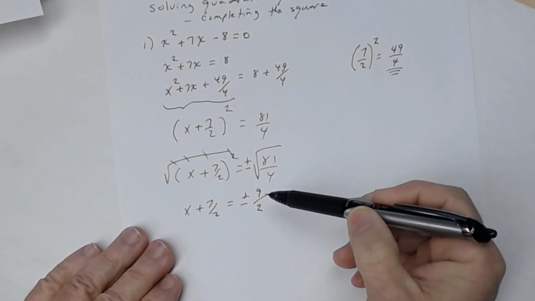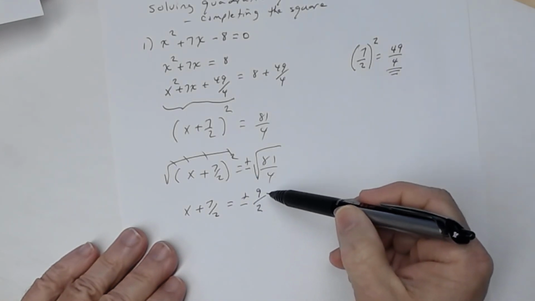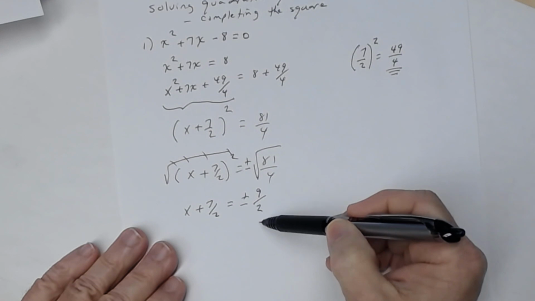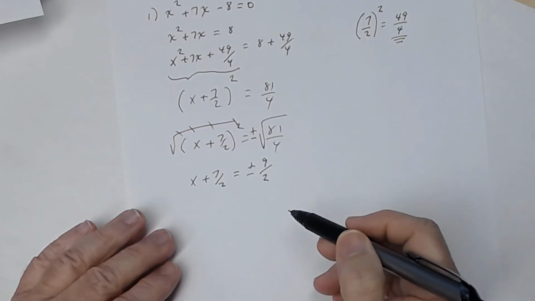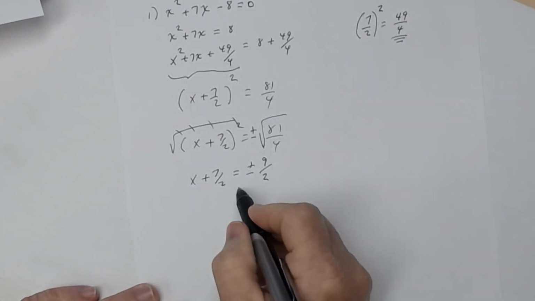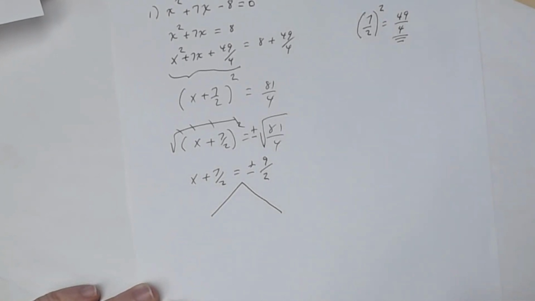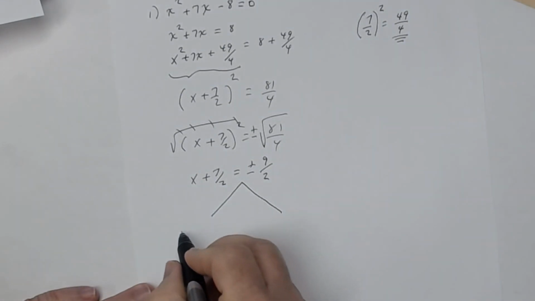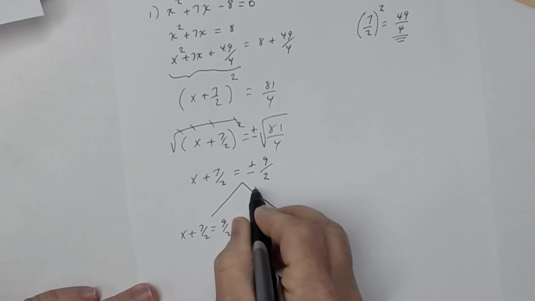Now, remember we talked about this in previous lessons, whether online or face-to-face, that when I took the square root, that number is a rational number. So we're dealing with rational numbers here, so my solutions are rational numbers. We want to find out what those two rational solutions are, so we're going to split it apart. You're going to say x plus 7 halves equals 9 halves, plus or minus.